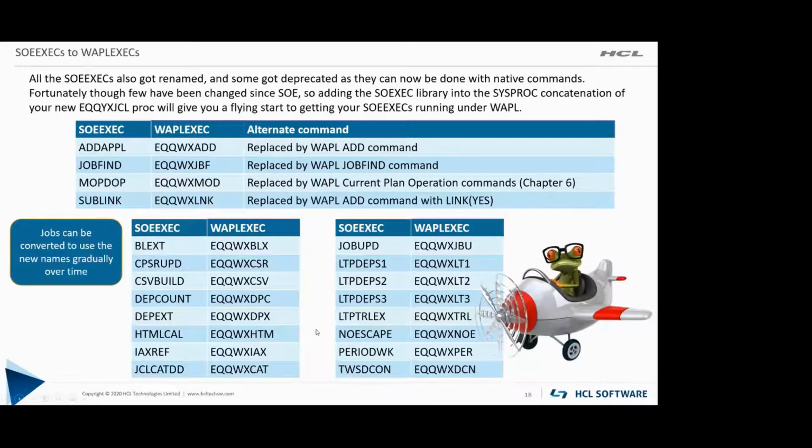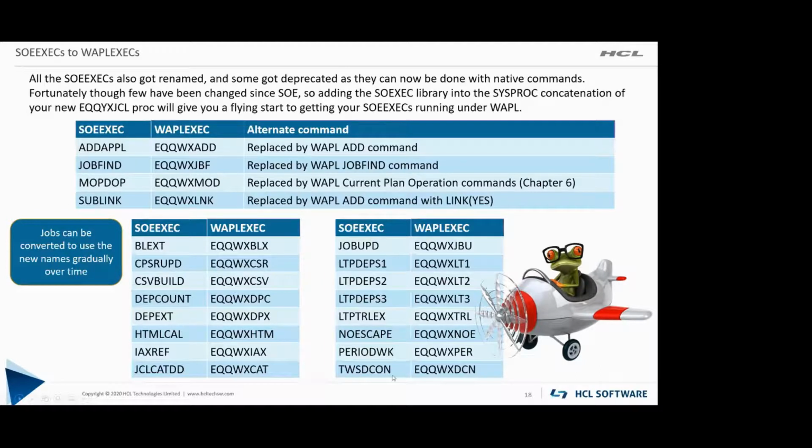So then we come to the Soe execs and WAPL execs. I'm not going to go through every single one of them. This is just a reference, old name and the EQQ name. Most of them are still there. In fact, I think that's all of the old Soe execs. But if you look in the SOE manual, it will tell you that some of these have been deprecated and gives you an advice of a command that you can use instead.